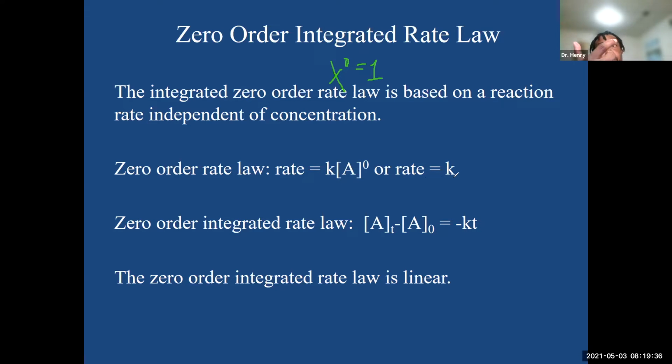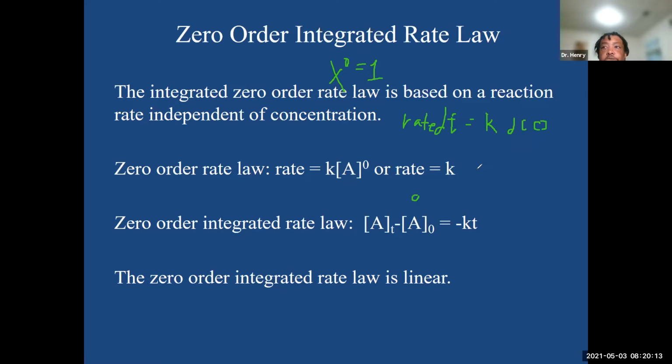When you take the integral of the rate equal to K, basically you're saying that rate dt equals K dC.